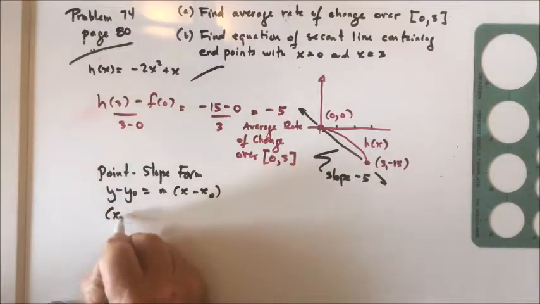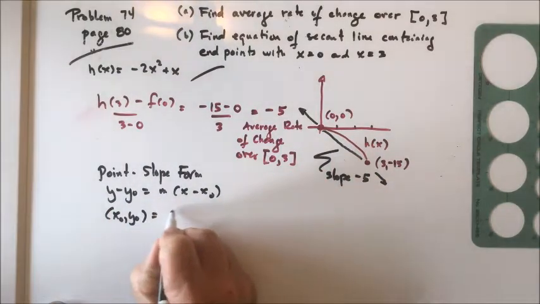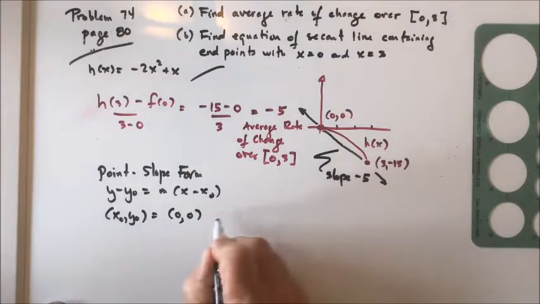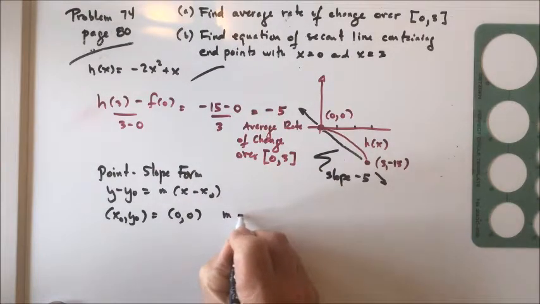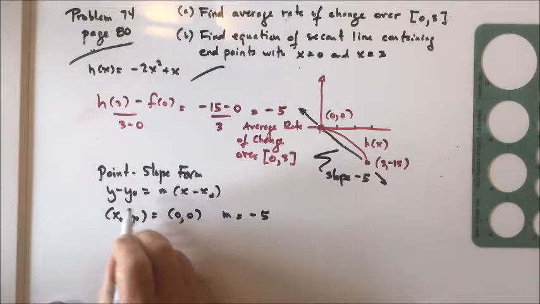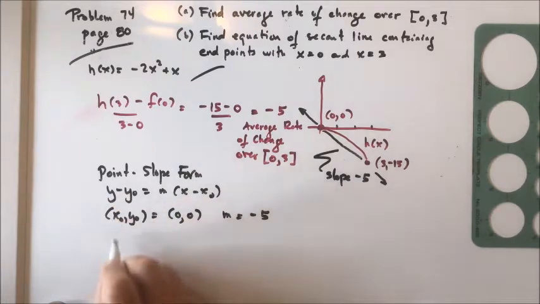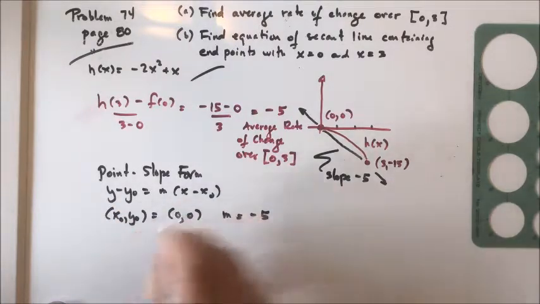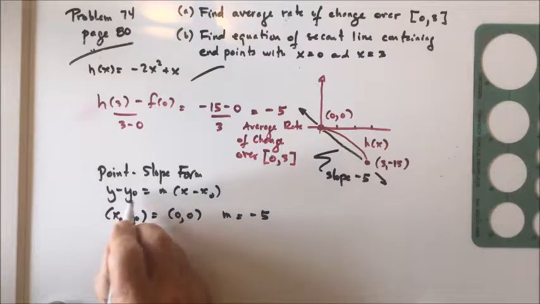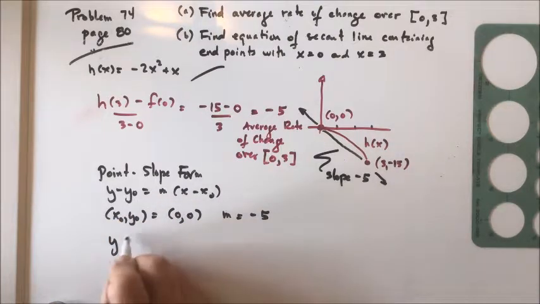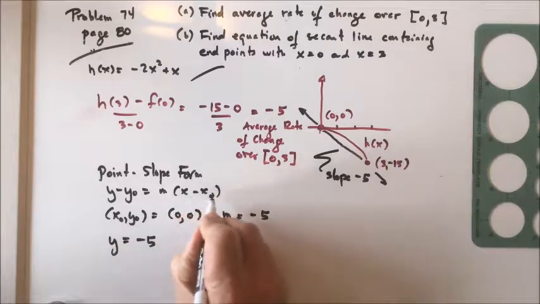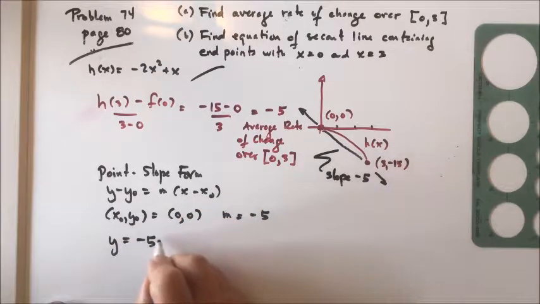So I'm going to say x0, y0 is equal to 0, 0. And m, the slope, is equal to minus 5. And I'm going to just immediately write down the point slope form. Specifically for this case it is y minus y0, which is 0, is equal to m, which is minus 5, times x minus x0, and x0 is 0.